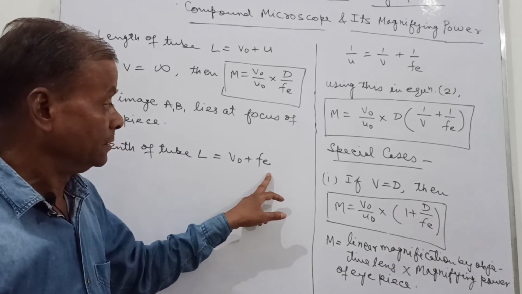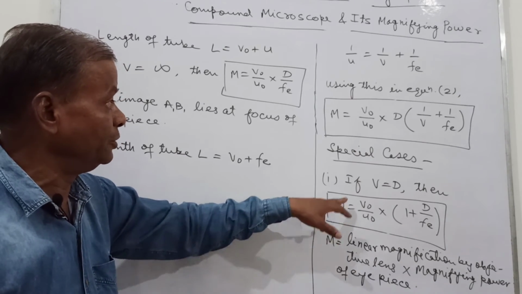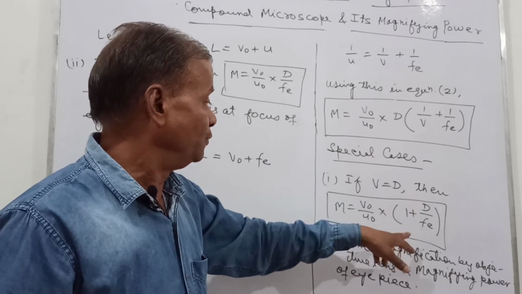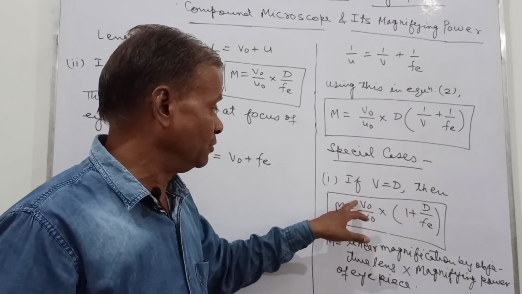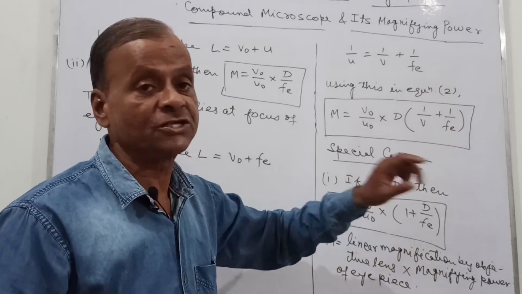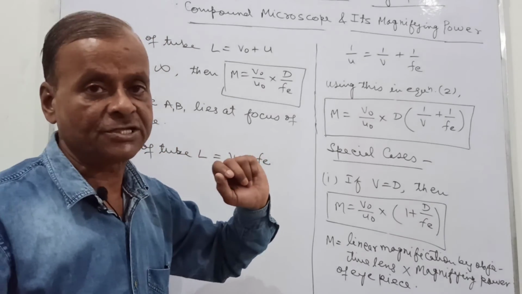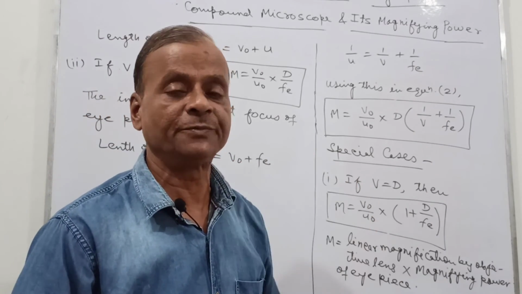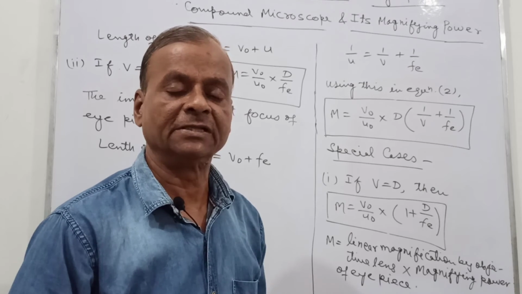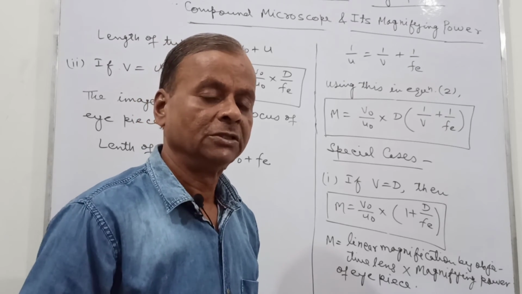In every term we have V naught, U naught and F E. D is fixed: it is the least distance of distinct vision, which is 25 centimeters. That is the constant one.